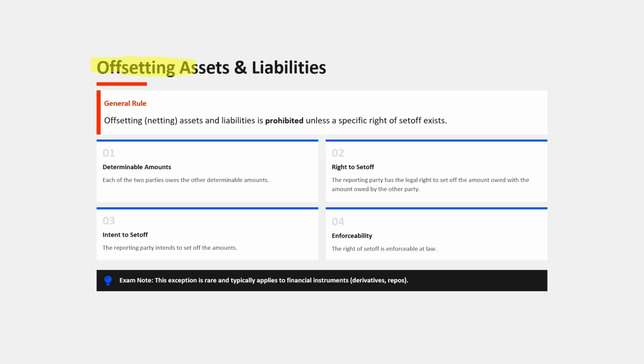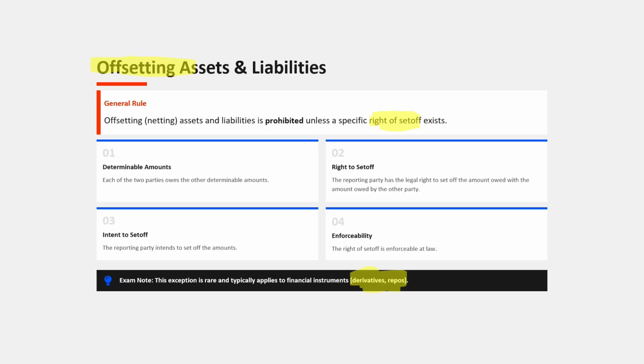Everything is separately shown there. However, there is a rare exception and the exam likes to ask that. You may see derivatives and repos, which is called the right of set-off. So what is that? Basically, if four conditions are met in the presentation, we can offset each other.